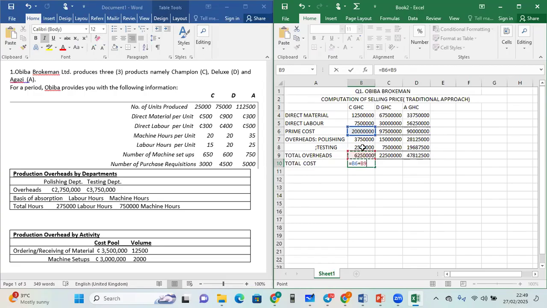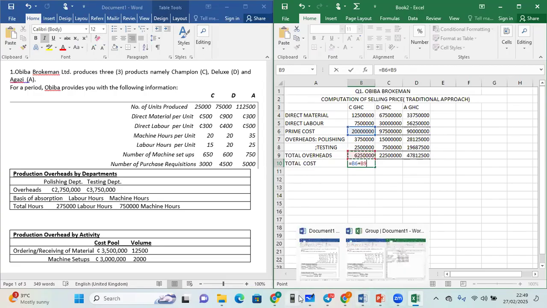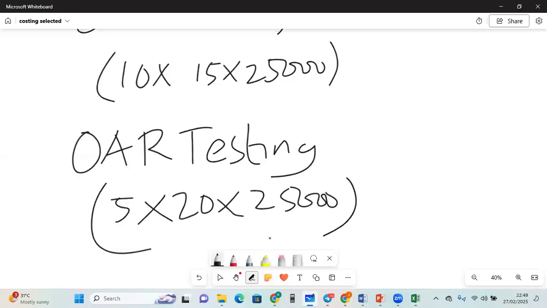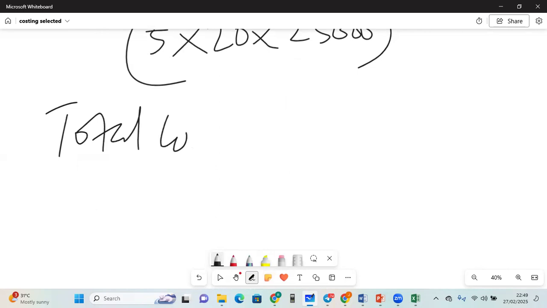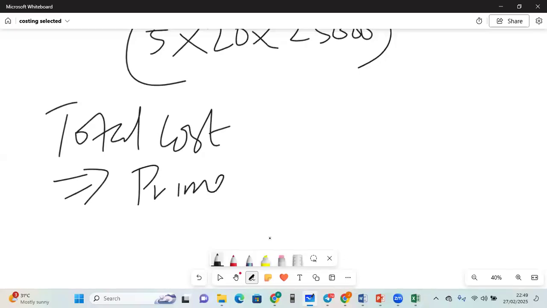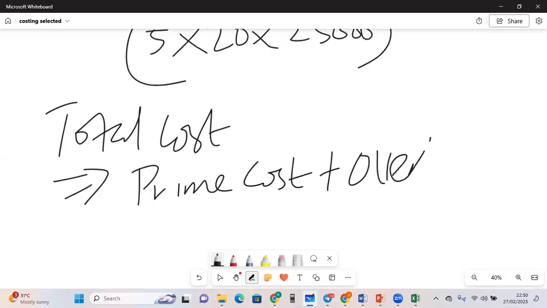The prime cost plus total overhead. So total cost, actual.